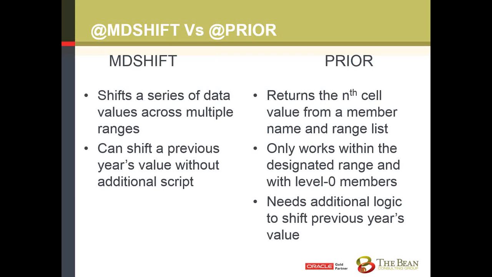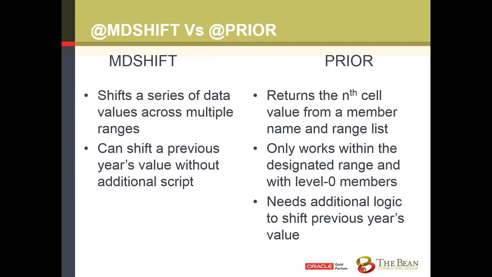One of the other big things we need to do a lot of times is time shifting, or shifting of data across dimensions. We use MD shift to shift data across multiple dimensions. Using MD shift, you can shift a previous year's value into a current year without having to write additional script.